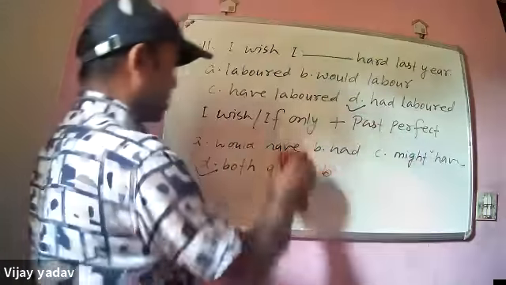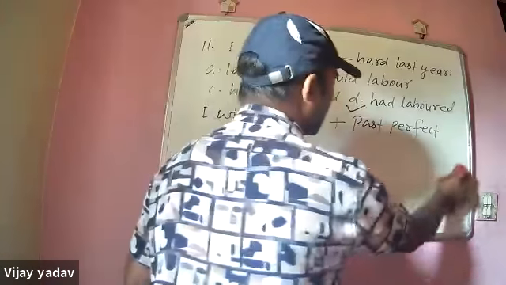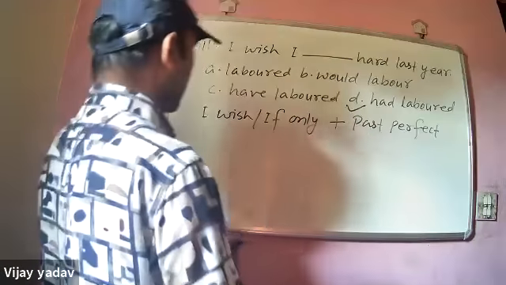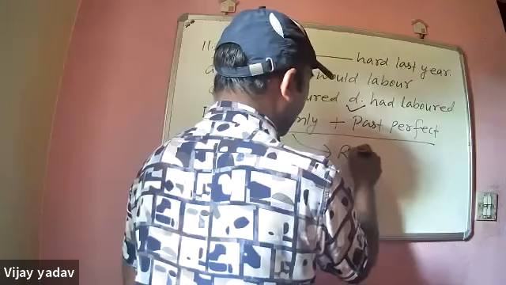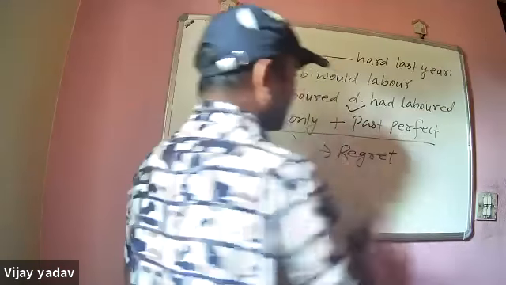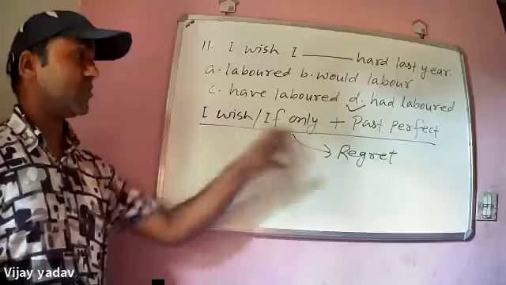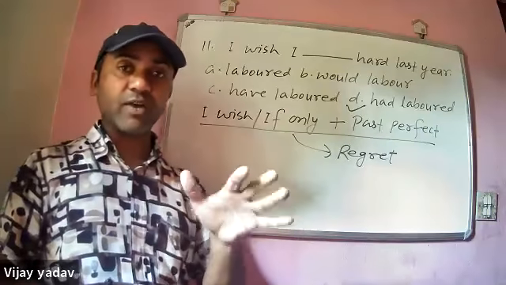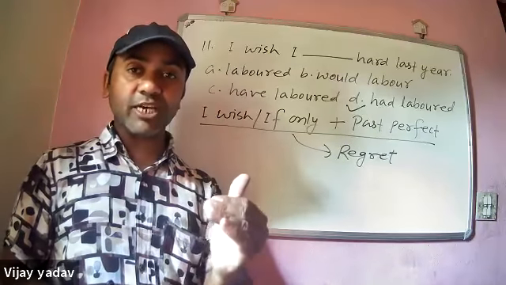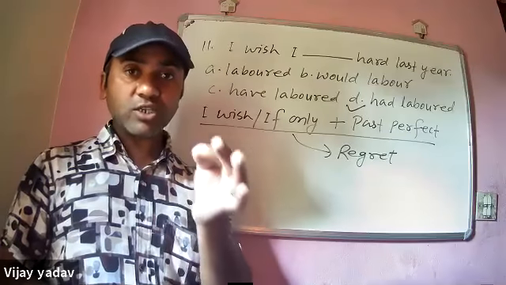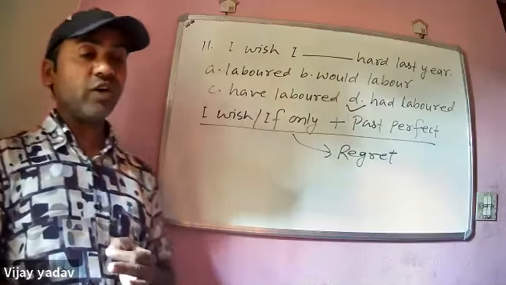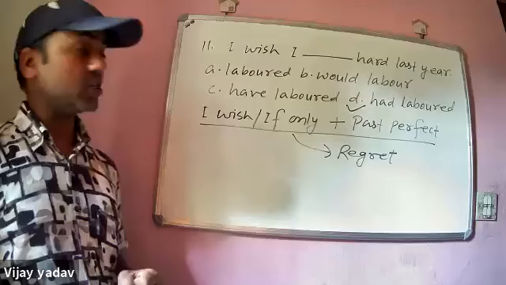And by this structure we express regret, paschatap, regret. Suppose you committed some mistake in the past, due to which you are suffering in the present, then you can use this structure.